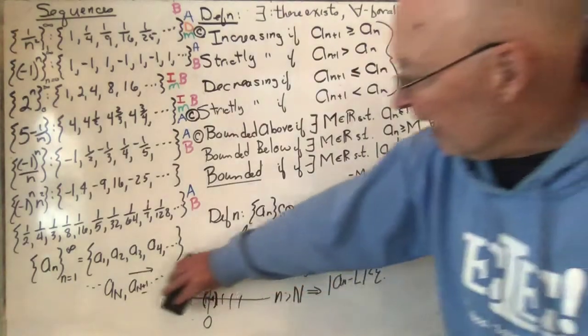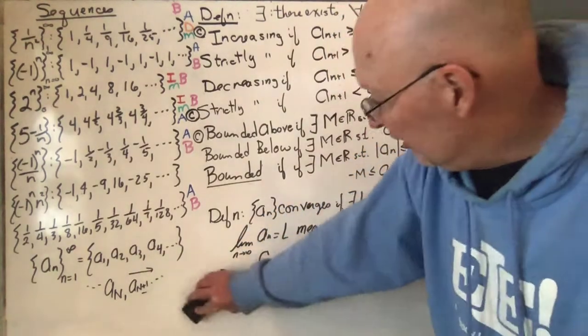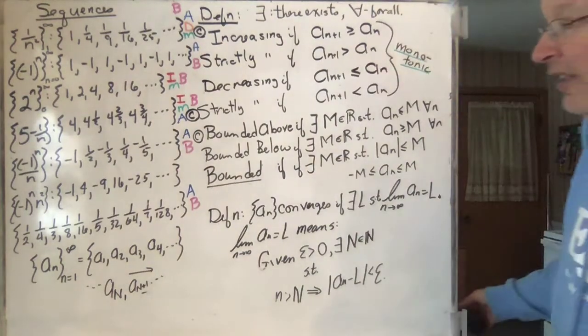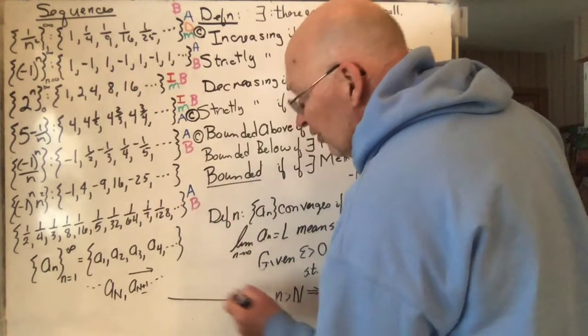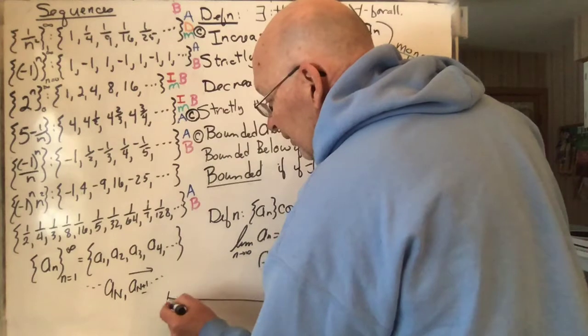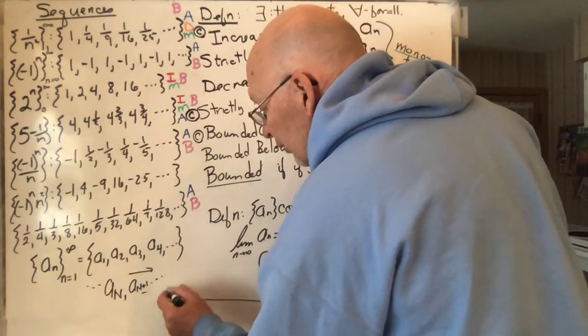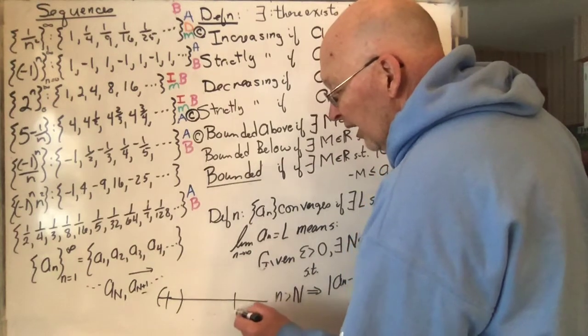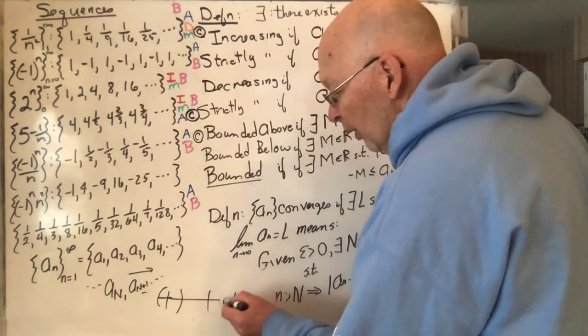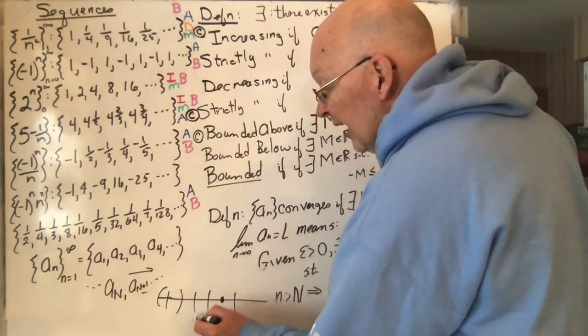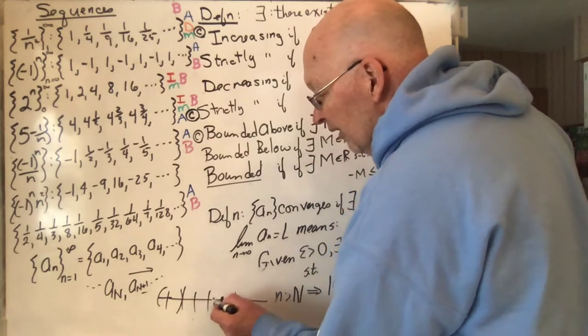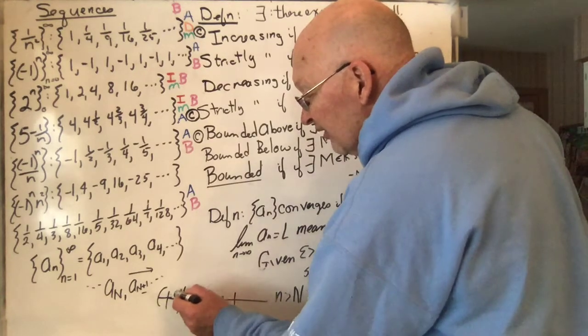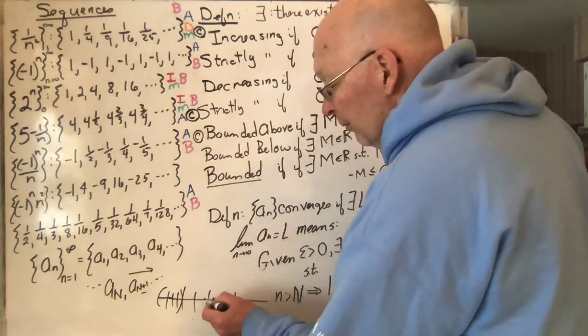And finally, this last one, let's see why this one converges to 0. Here's 0 right here. Here's a little interval around 0. What happens? You start at 1/2, 1/4, and then 1/3. 1/8, 1/16, and then 1/5. Now you're inside here. Boom, you're back out again.